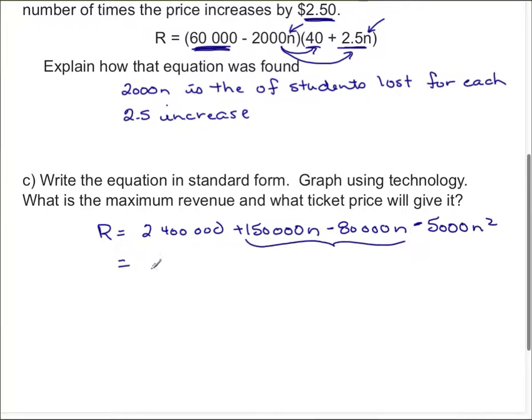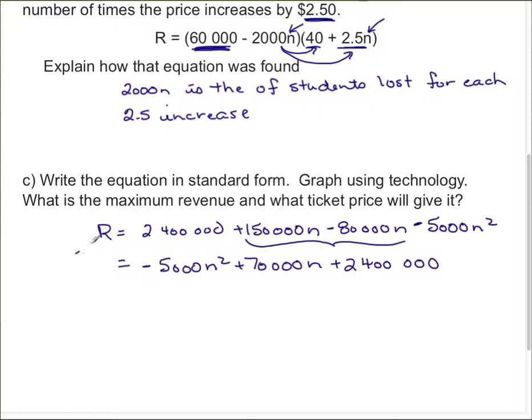Now, this middle goes together, and I'm going to write it in descending powers of the variable. So negative 5,000n squared plus 70,000n plus 2,400,000. Now, what is the y-intercept?